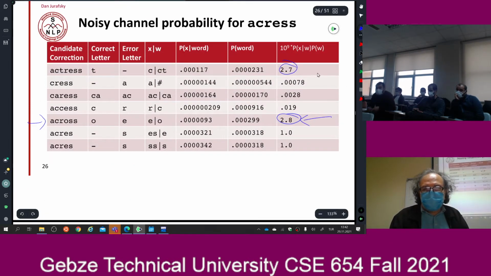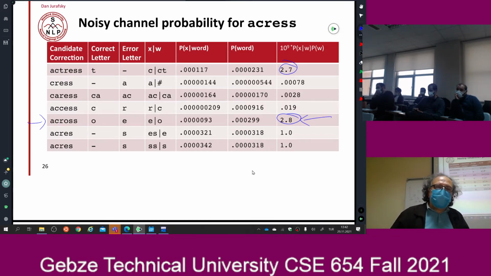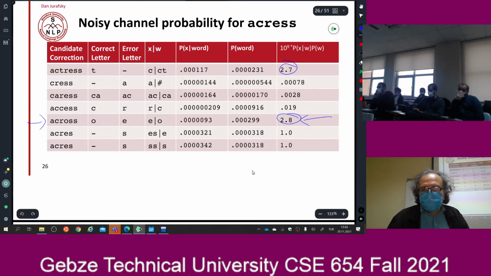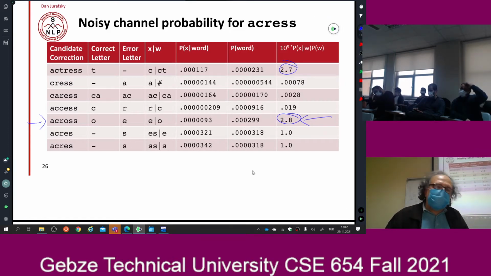If I multiply both of them, the word frequency with the model of the keyboard and human brain, etc., it looks like the highest probability, say, across again, is 2.7 times 10 to the power 9, or divided by 10 to the power 9. Very small probability, but higher than the others.